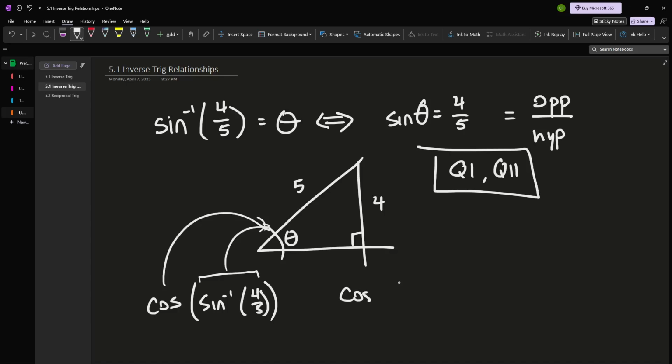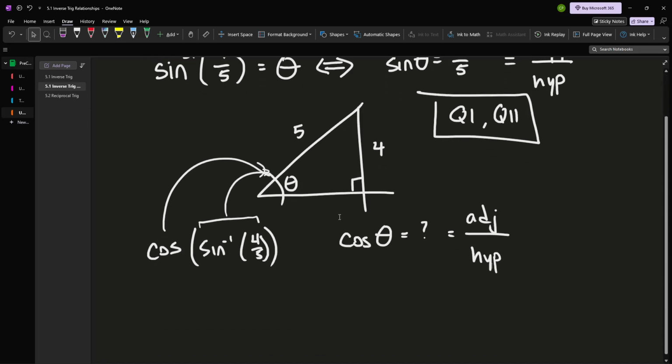So cosine of theta is what? It is adjacent over hypotenuse. So we must find adjacent. How do we find this value right here? One way of finding it is to use Pythagorean theorem, where a squared plus b squared equals c squared.